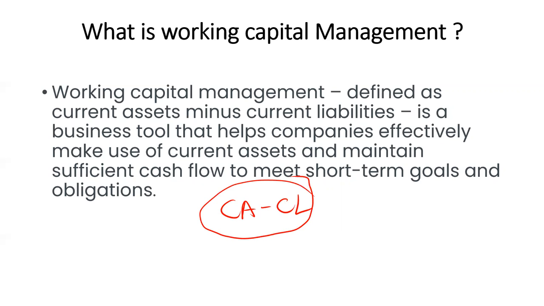But what is management of working capital? It mainly suggests that the difference between current assets and current liabilities should be used effectively as a business tool to fulfill your short-term requirement of current assets and to maintain a cash balance to fulfill your short-term goals and obligations.